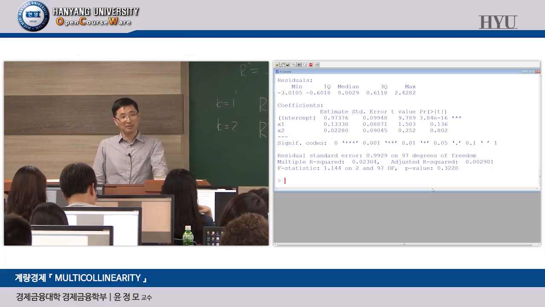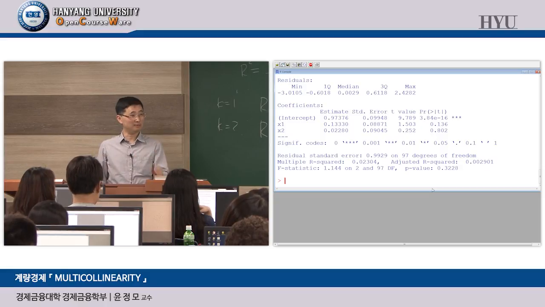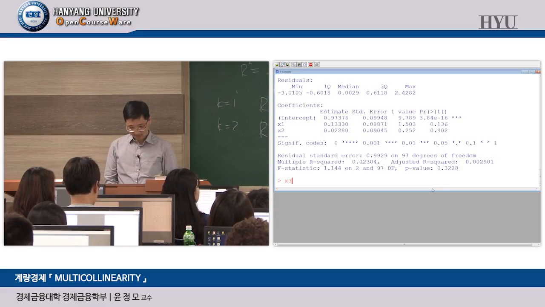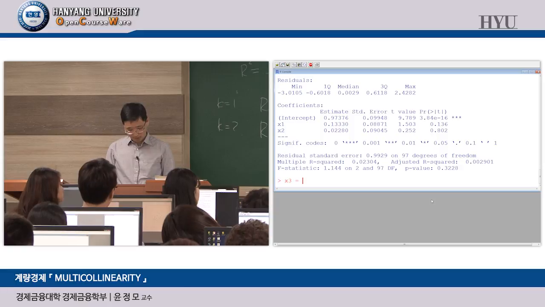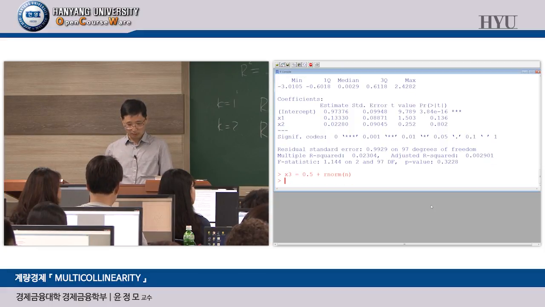So suppose that this person, kind of still foolish, wants an R squared even higher, okay? And then he wants to add more. So if this person is foolish but kind of persistent, he may try another variable like x3. So in this x3, let me just say that I have 0.5 plus another random variable. Again, this is still useless to predict y because it has no relationship with y.